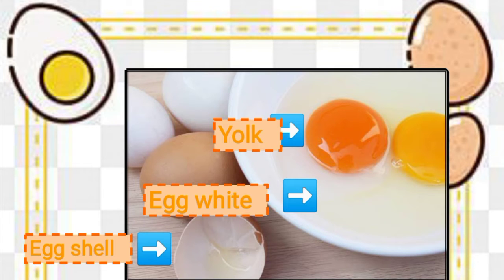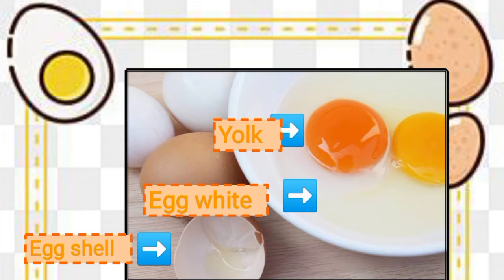The yellow inner part of the egg is the yolk, and it is rich in fats, vitamins and minerals. The yolk contains food for the growing baby or embryo, which further develops into a chick.